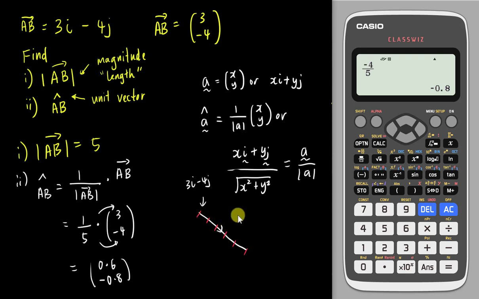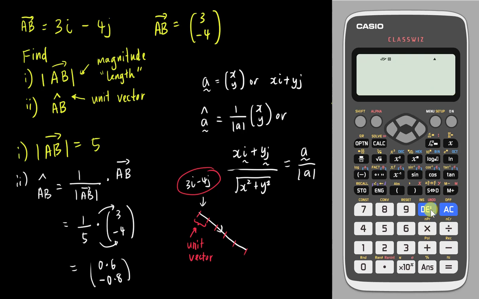If I want to know what one unit is, I would just take one of the units. This is what we call the unit vector. So one unit here is 0.6 and negative 0.8. If you add all 5 units here, you get back the vector AB. This is the meaning of unit vector, but now we try to use the calculator to find the unit vector.